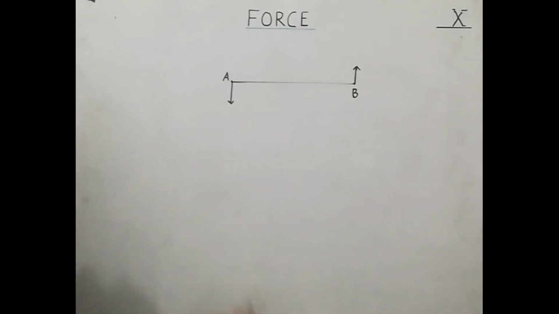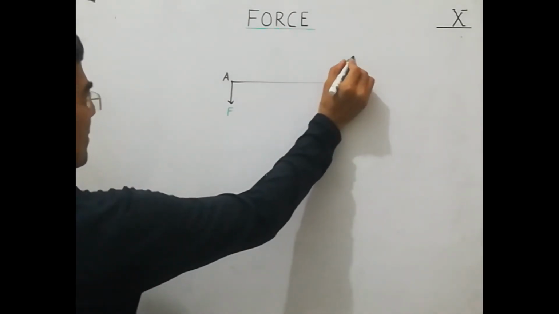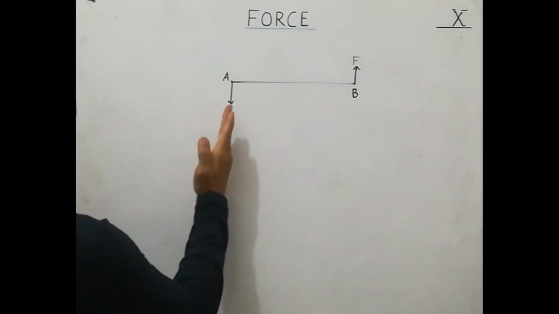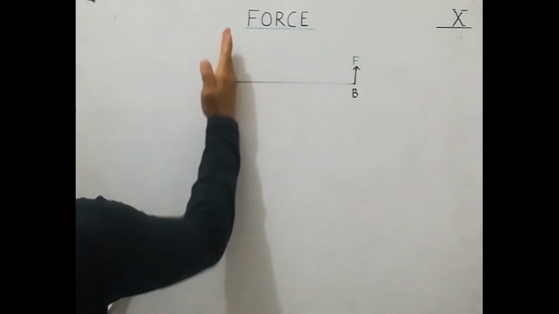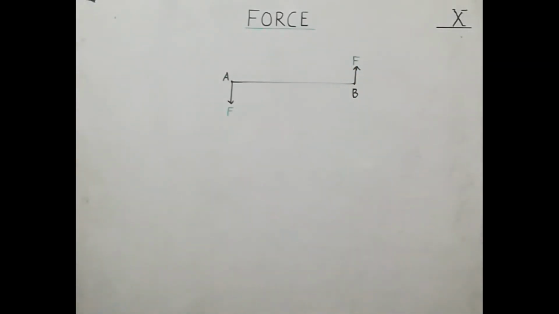You can see two forces, equal in magnitude but opposite in direction, and not having the same line of action. Now this is the line of action for the first force, this is the line of action for the second force. So they are not having the same line of action. So we can say in this diagram we have shown a couple acting on the body.